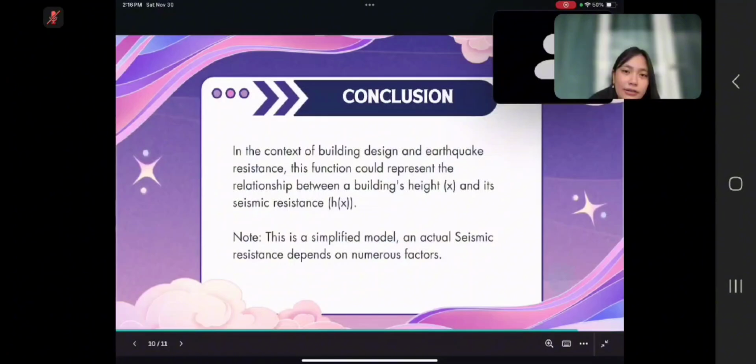Now finally, the conclusion. In the context of building design and earthquake resistance, this function could represent the relationship between a building's height, which is x, and its seismic resistance, which is h of x. An important note is that this is just a simplified model, and actual seismic resistance depends on numerous factors.